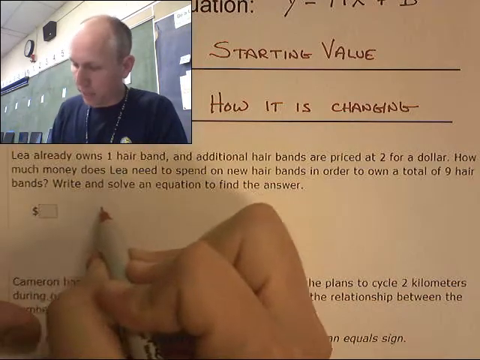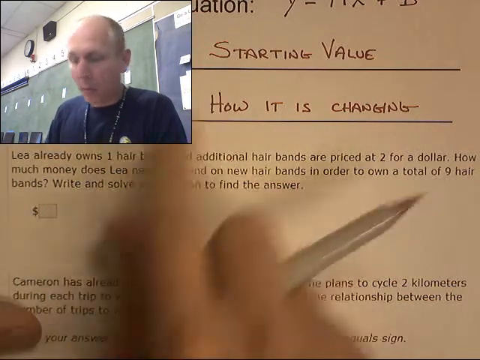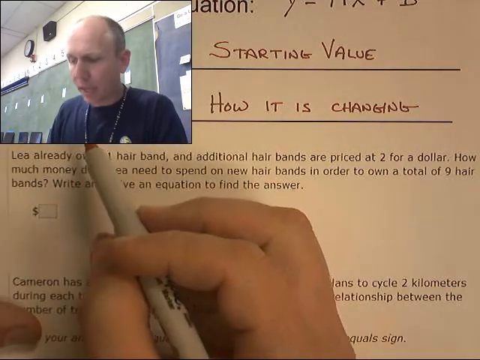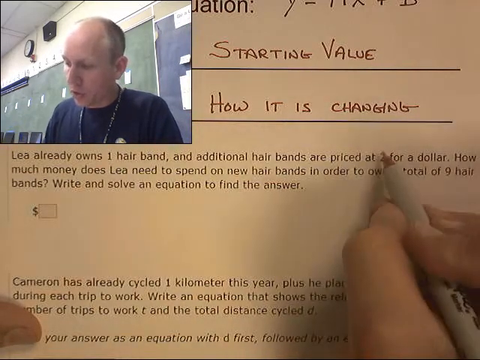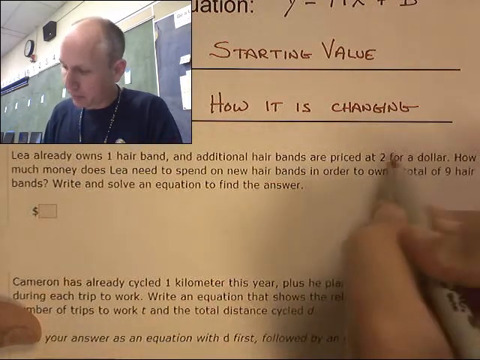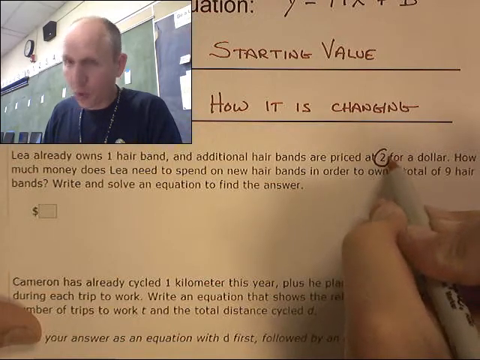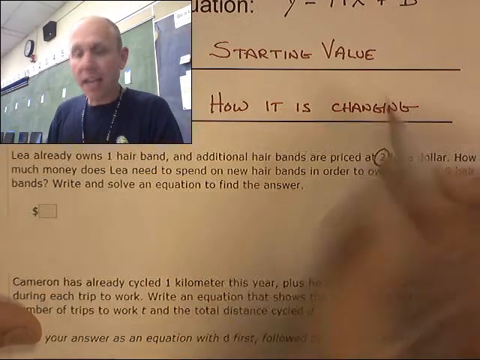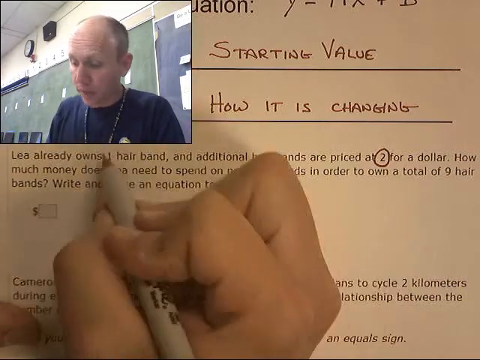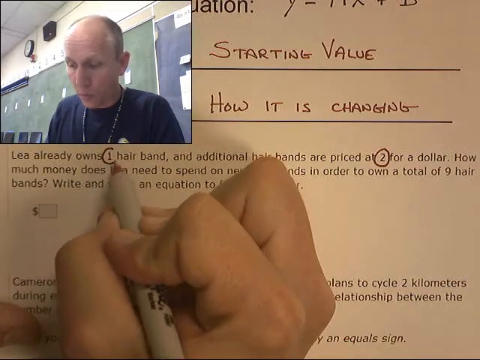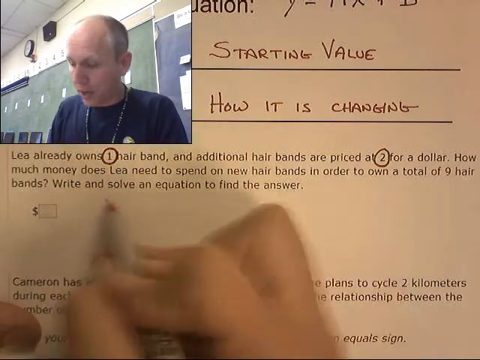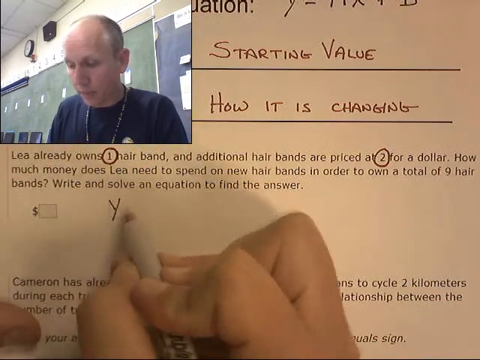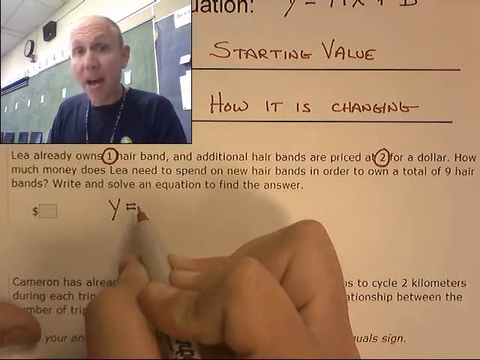So here's what we're going to have. Remember that m is how it's changing. So how is this changing? She's changing by getting 2 for every $1. And how many does she start with? Her starting value is 1. So here's our equation. Y equals m.